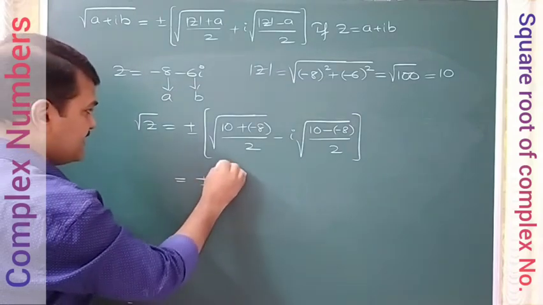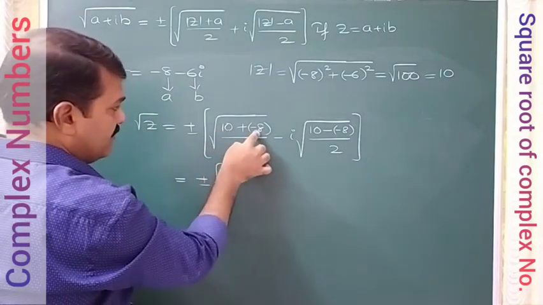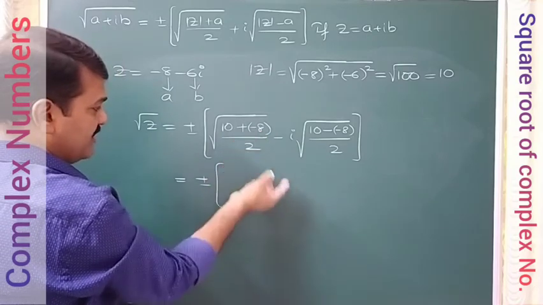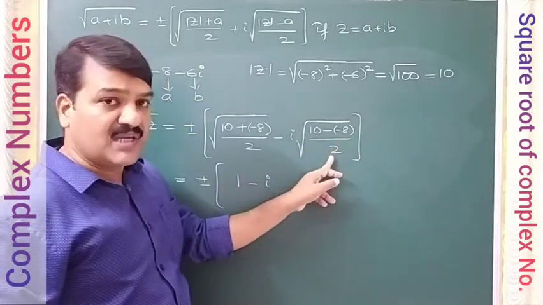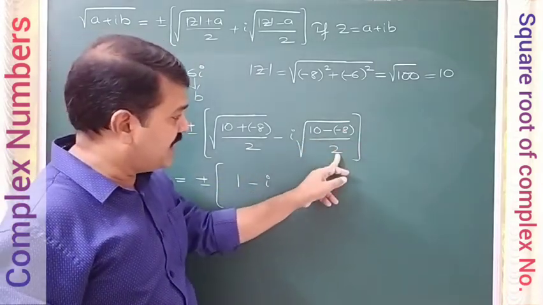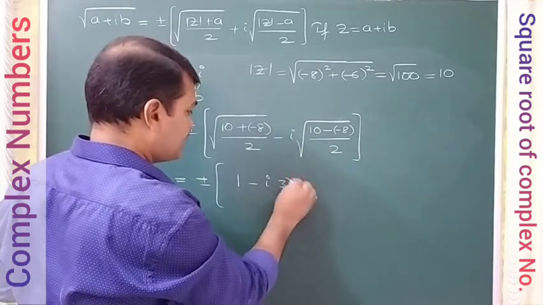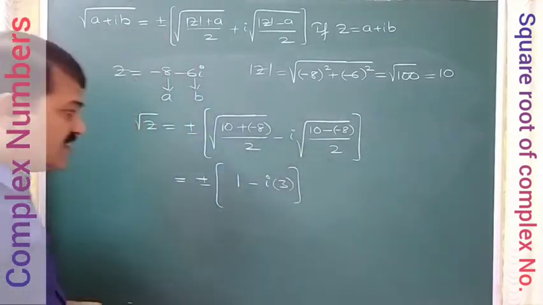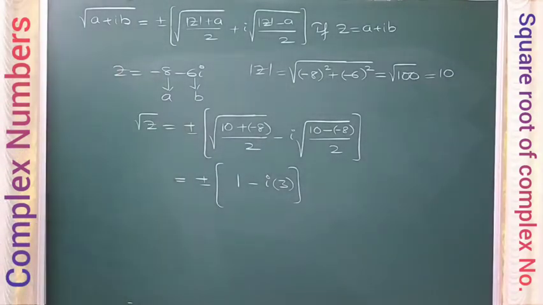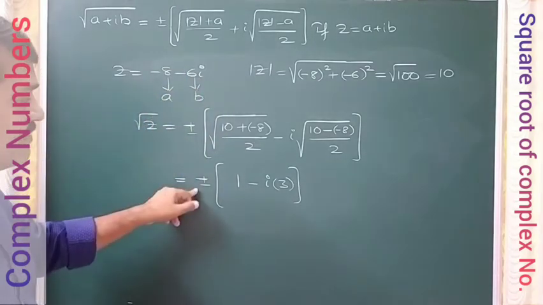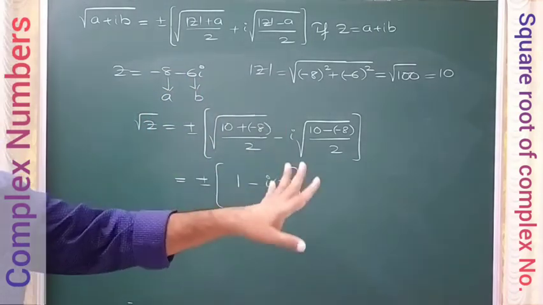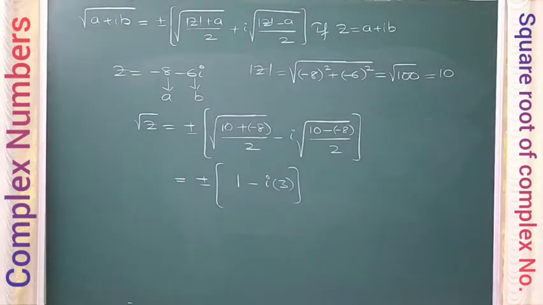So plus or minus under root 10 minus 8 means 2 only, 2 by 2 means 1, minus i into 18 by 2, 9, and root 9 you can take as 3. So plus or minus (1 minus 3i). If you have minus 8 plus 6i, plus or minus (1 plus 3i) will be our answer. So this is the basic application of the square root of a complex number formula.